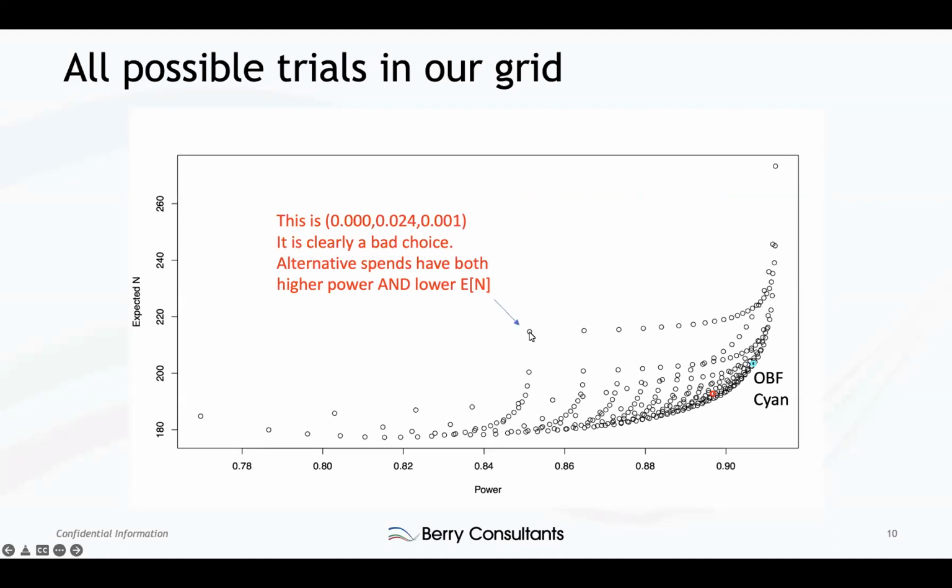And the reason it's not a good choice is it's dominated by other choices. So there are other possibilities that have both higher power and lower expected sample sizes. So why would I ever pick this point when I had any of these points available which dominated? So there are lots of bad choices on here.